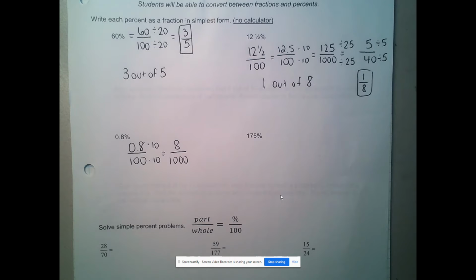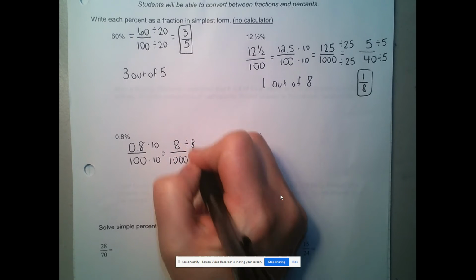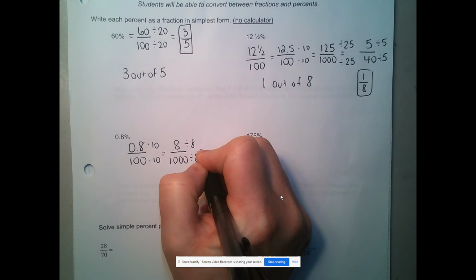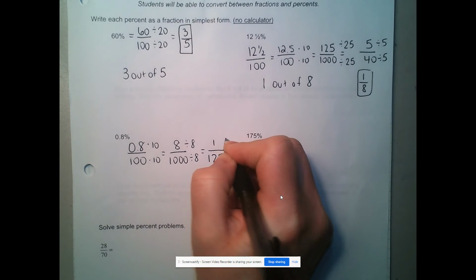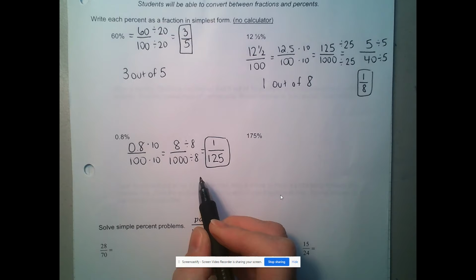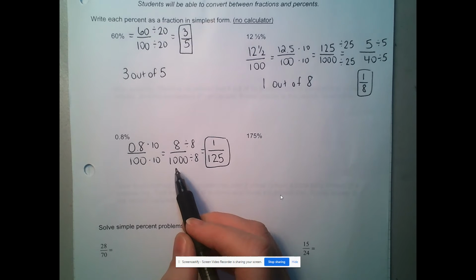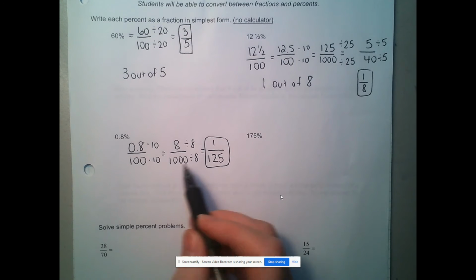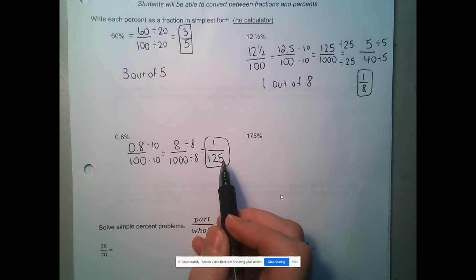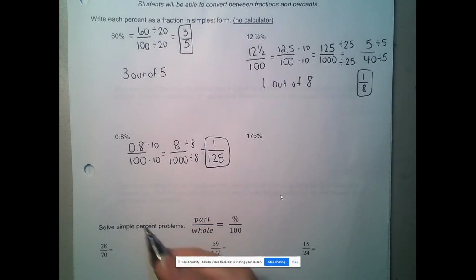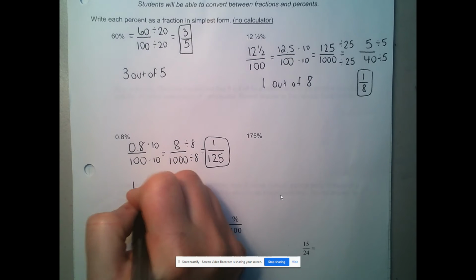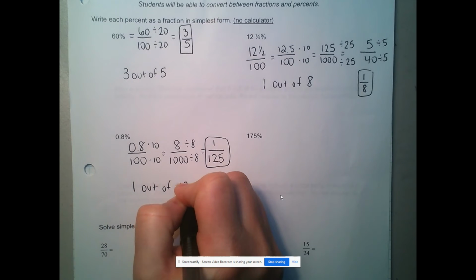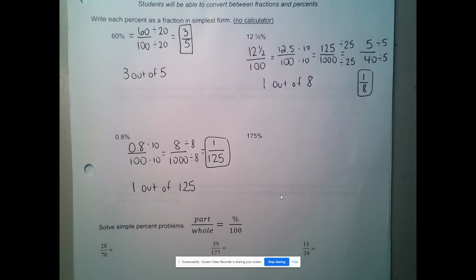Now that we don't have a decimal point, I'm going to do 8 divided by 8 and 1,000 divided by 8, which is 1/125. And if you didn't notice that in the beginning, you might have chosen to divide by 2 or divide by 4, and then you would have had to do more steps to get down to the 1 over 125. So 0.8% is less than 1 out of 100. It is 1 out of 125, less than a percent.